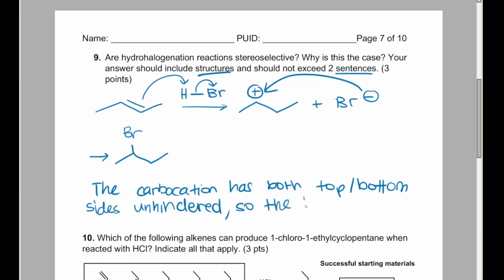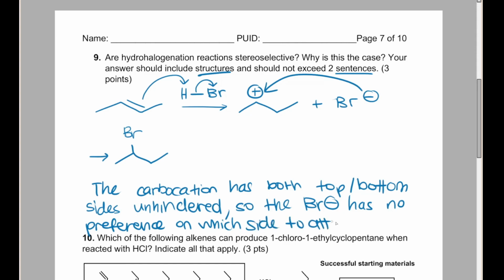So the bromine ion has no preference on which side to attack. And we just have to conclude that it's non-stereoselective.